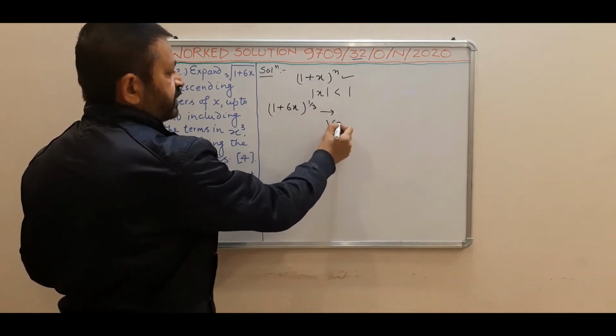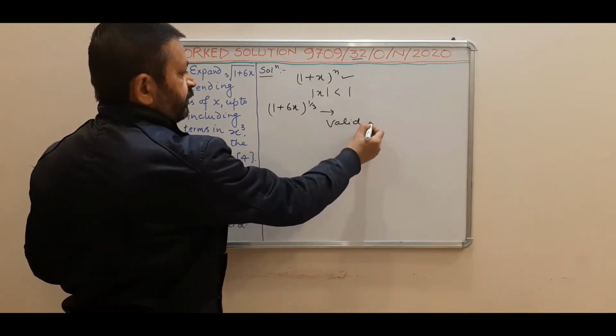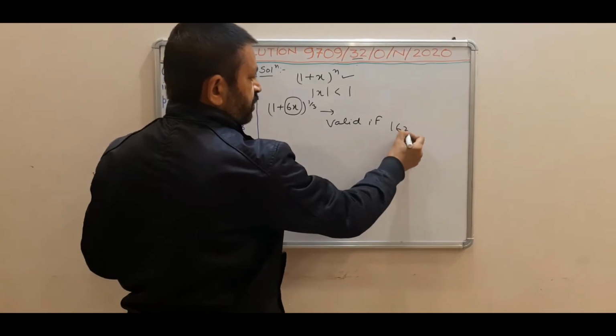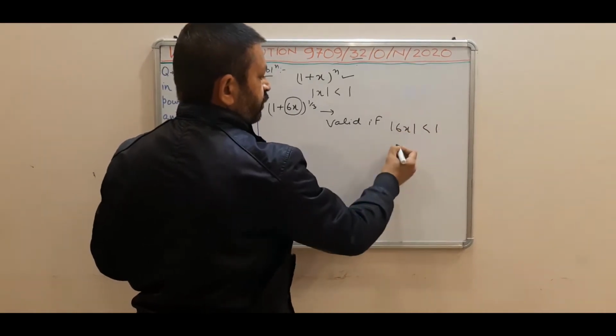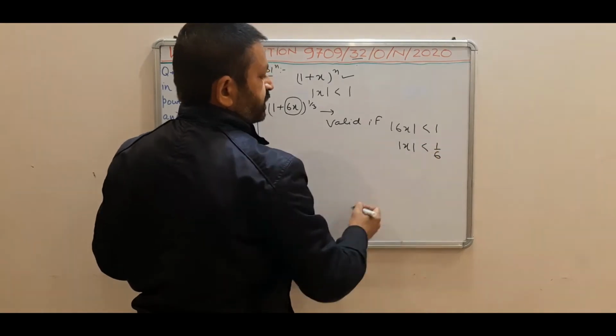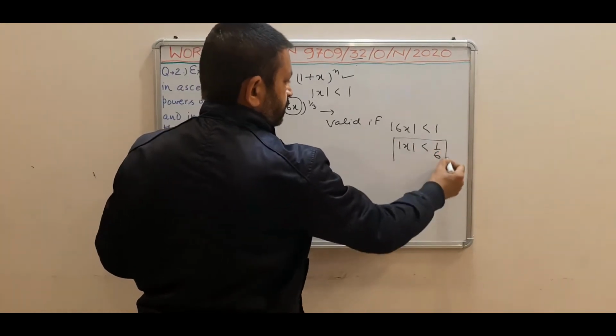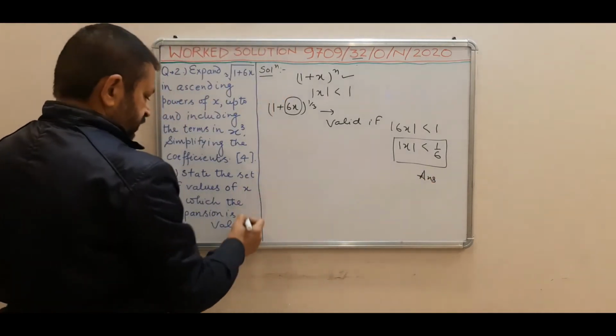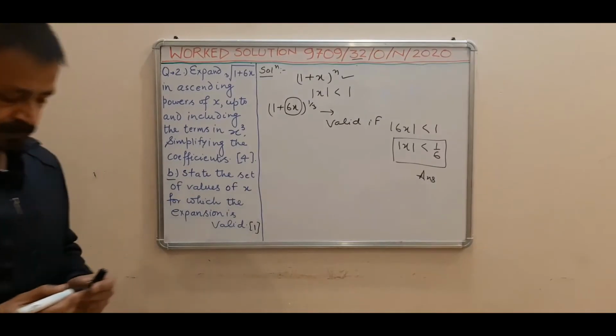This will be valid if this term, that is 6x, its modulus is less than 1, or we can say that mod x is less than 1 by 6. This will be your answer. This part carries only 1 mark. This is about question number 2.